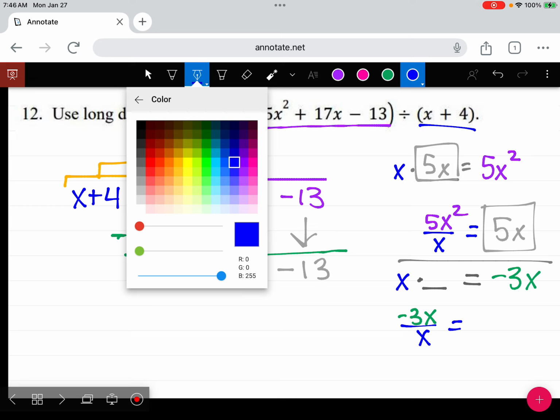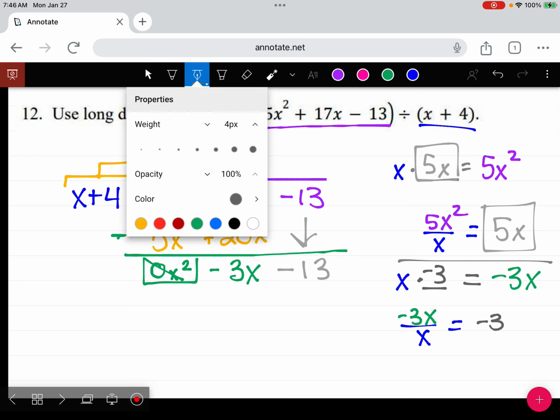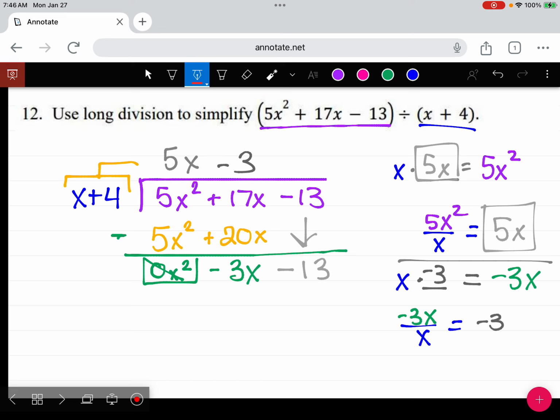Either way, we should wind up with a minus 3 as our next piece, right? So just like we did on the first one, I'm going to take this minus 3 times the whole guy over here.